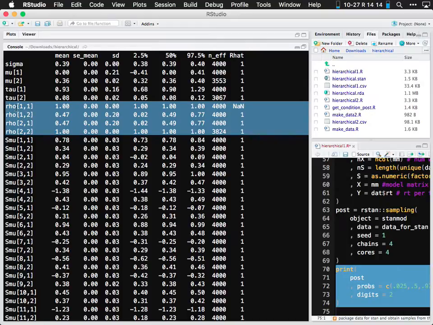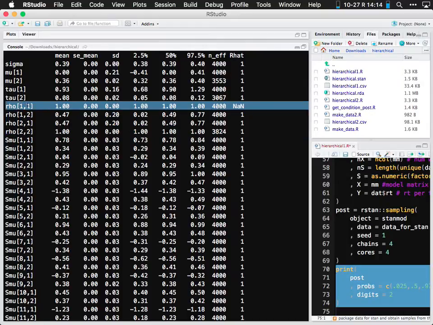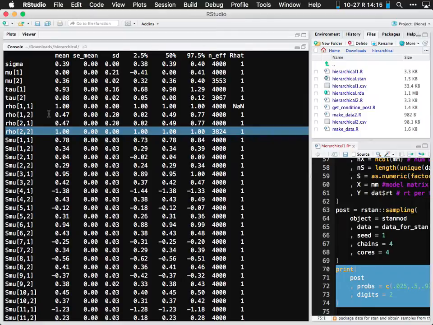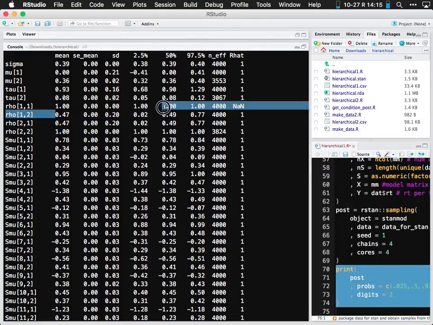That row section is describing a matrix, so the first column, first row is going to be just all ones. Ditto the second column, second row. It's the off diagonal that we want to refer to for that correlation. Credible interval goes from 0.02 to 0.77, kind of indicating that there's a correlation there.